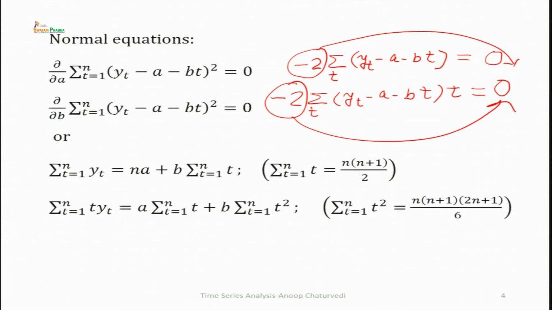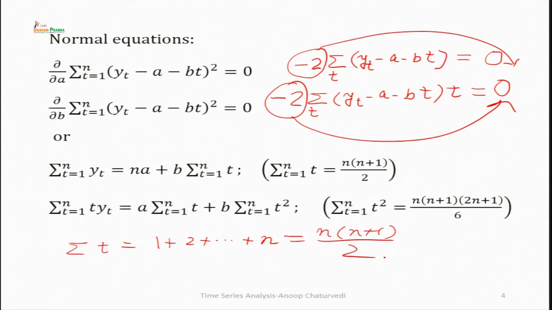So, you get these two equations. Obviously, what is summation t? Summation t is actually 1 plus 2 plus up to n. So, sum of first n integers. So, obviously, it is equal to n into n plus 1 by 2.